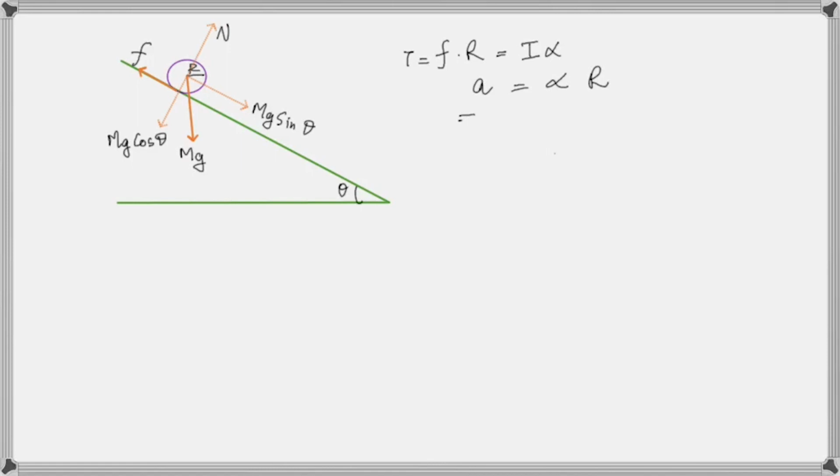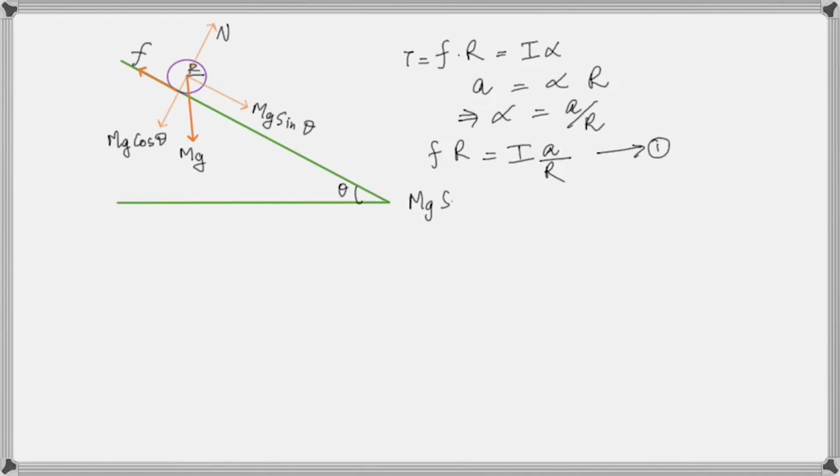So what we'll do now is substitute. Alpha is of course a divided by r. We can plug it into the first equation, which is F times R is I alpha, but instead of alpha, we now put A by R. Let's call it equation number 1.